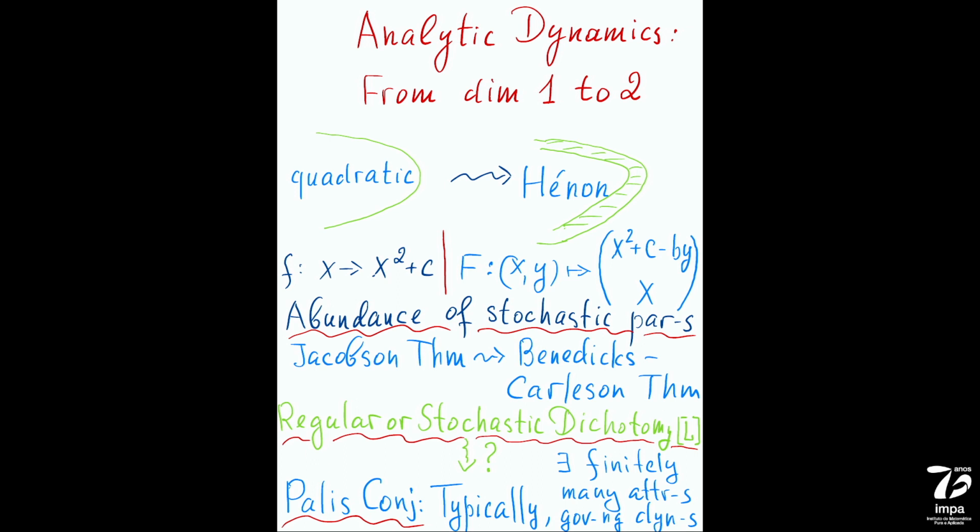Jakobson's theory tells us that in the quadratic family, there is an abundance of stochastic parameters. These stochastic parameters form a set of positive measure. And Benedicks and Carleson thickened this theorem a little bit, and proved a similar result in the Henon family. That is what Michael was talking about a few days ago.